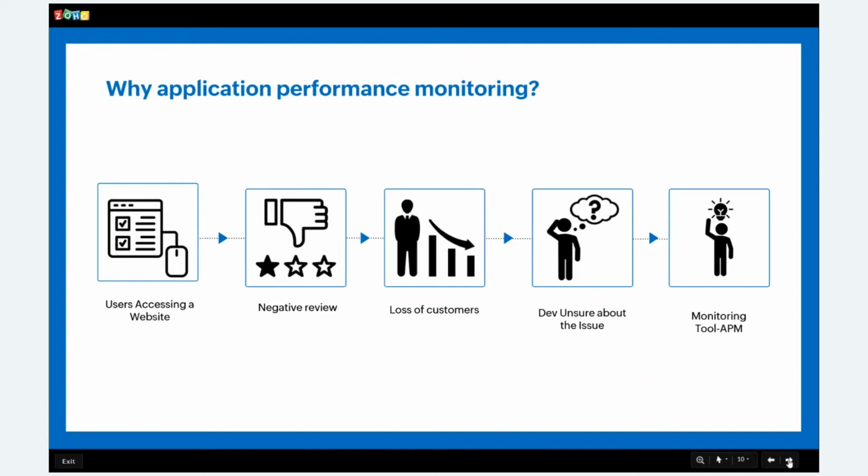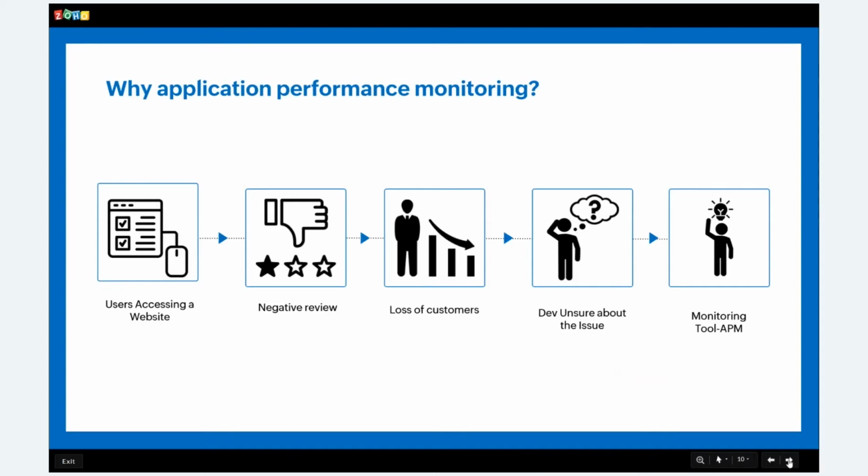Because of this, we have introduced the APM Insight in Applications Manager, which will help in monitoring the depth of the issue. Here we will be able to know exactly where the problem prevails before it affects the end users. This is the main reason for application performance monitoring.